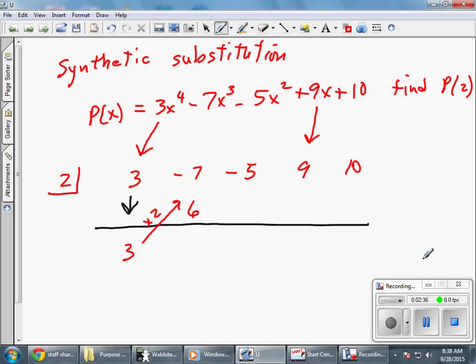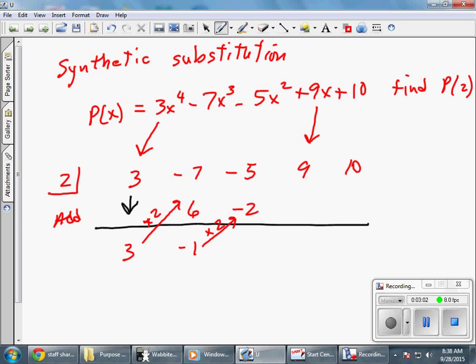Then I'm going to add, not subtract. That's the big difference. Add, not subtract. So that's -1. And then what do I do with the -1? Times 2. Okay, and then I get -2, and again I add them.